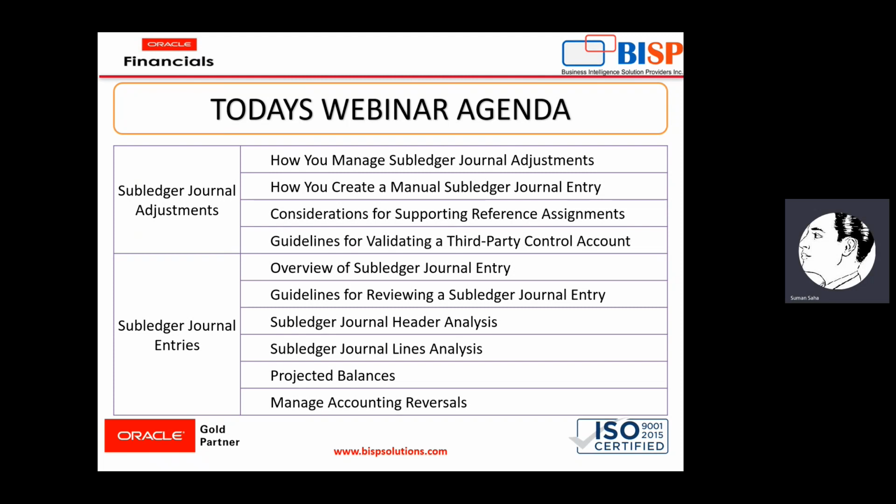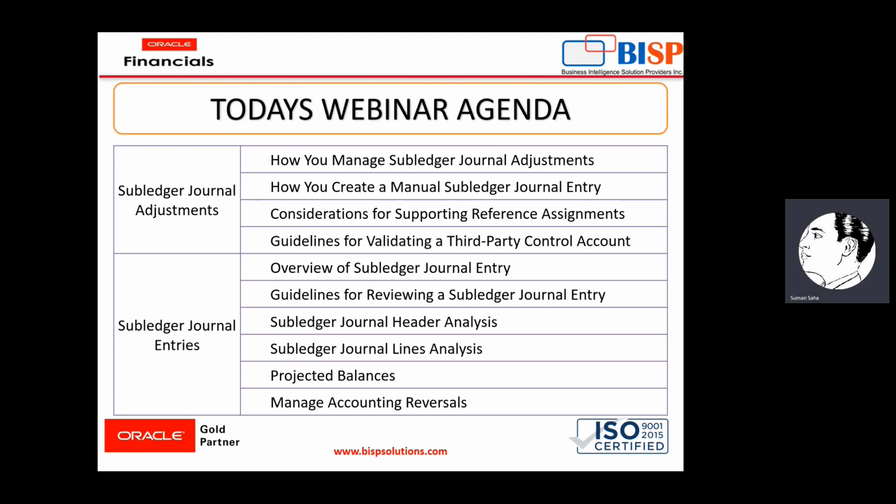When editing, you can edit the header information and the journal line information, such as account, debit, credit, accounting class, and so on. We will navigate to the instance and see how the tasks are performed.